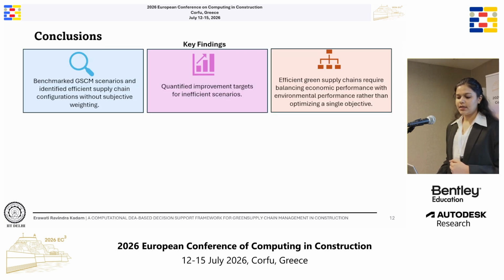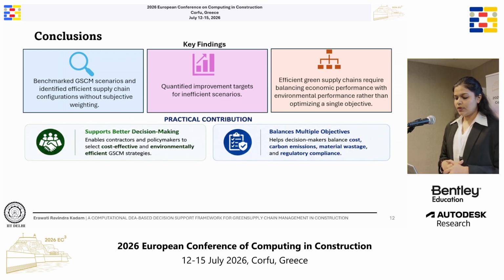So what is the conclusion? DEA is already established, but we can use this framework to know which scenario or which strategy is helpful to make our supply chain greener, environmentally efficient, as well as operationally efficient. So the practical contribution: who can use this framework?